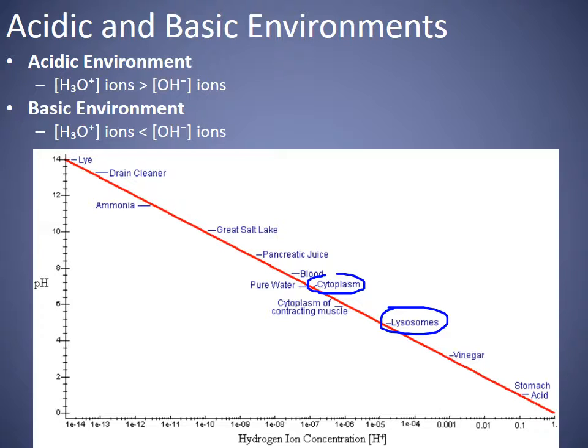When substances dissolve in pure water, it can shift the concentration of hydrogen ions in solution to either more or less. And dependent on if there's an increase in hydrogen ion concentration, you would see a decrease in pH, or if there was a decrease in hydrogen ion concentration, you would see an increase in pH.